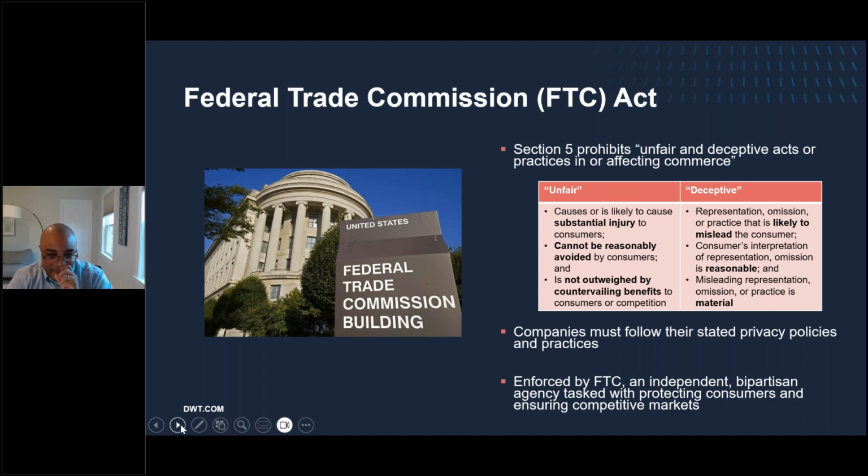It is an independent bipartisan agency with a dual mission of protecting consumers and ensuring competition in markets. This area of work tends to fall in the consumer protection domain, but its ambit of authority is broader. There have been many actions by the FTC in recent years targeting companies, large and small, in relation to their privacy and security practices.